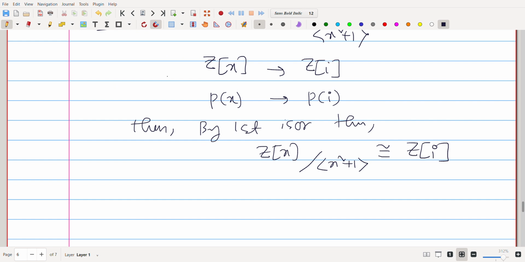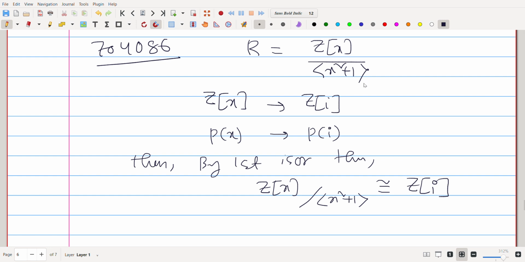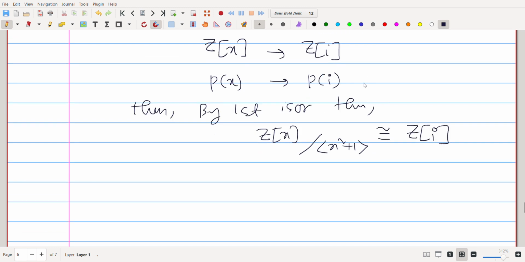And the ideal generated by phi(x) is a prime ideal in R. It is not true, because the ideal generated by phi(x) means the ideal generated by i here, but i square equal to -1, which will imply that the ideal generated by phi(x) is in particular the whole ring R itself, because if I take this map, then that becomes the whole Z[i], which is the same as R. And for any prime p, the ideal generated by phi(p) is a proper ideal, because this is an isomorphism, right?